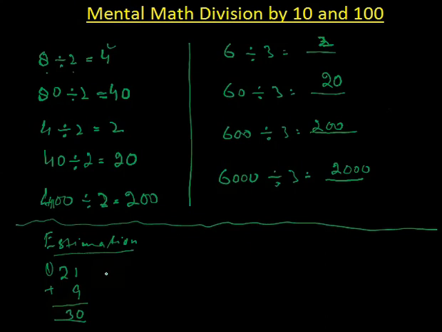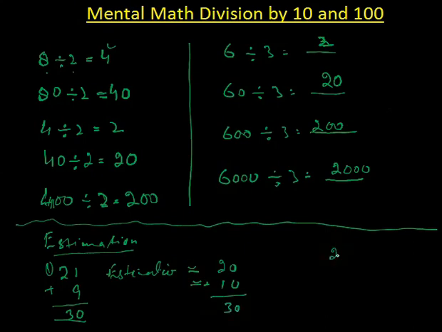But the estimation is different. Estimation, we just round up the number. So 21 can be rounded to the nearest 10, which is 20, and the 9 can be rounded to the nearest 10 as 10. It is not equal to, it is rounded. It is estimation. So 20 plus 10 is 30.